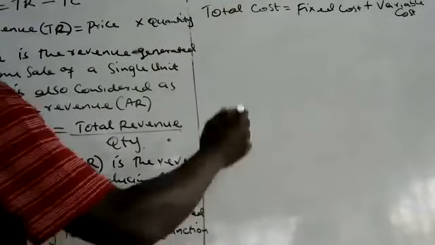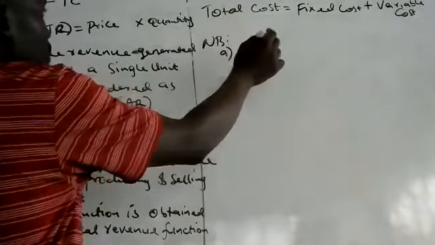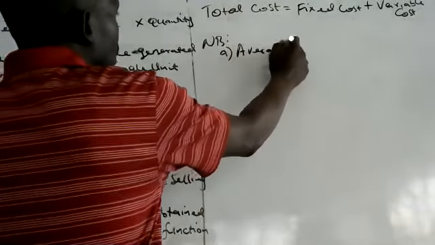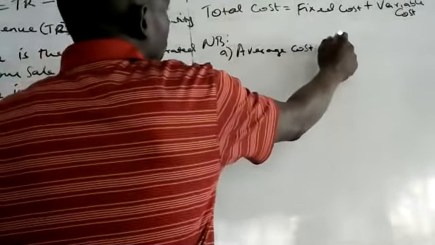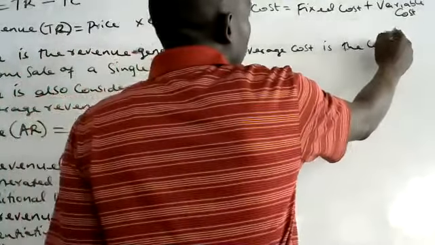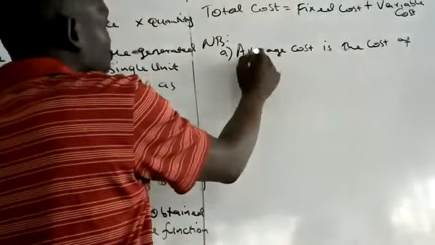And then you write there NB, the average cost. The average cost is the cost of one unit.